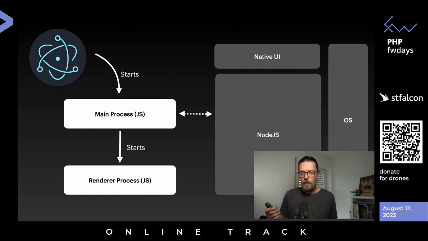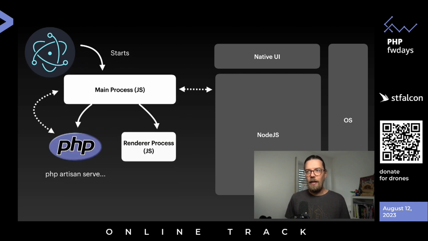Now, how can we add PHP in this mix? Let's just for a second ignore the fact that we need to somehow ship PHP to the user and control it. If we ignore that, the setup is relatively simple. Again, the Electron application starts and we start a main process. That's just the way it works. We can't avoid that. But this time, our main process starts two individual things.